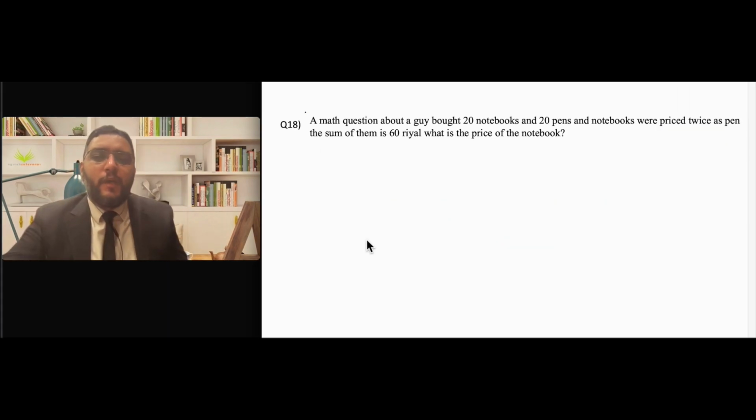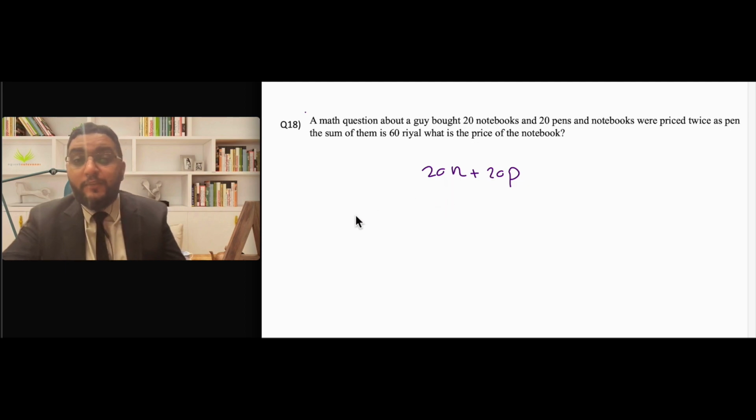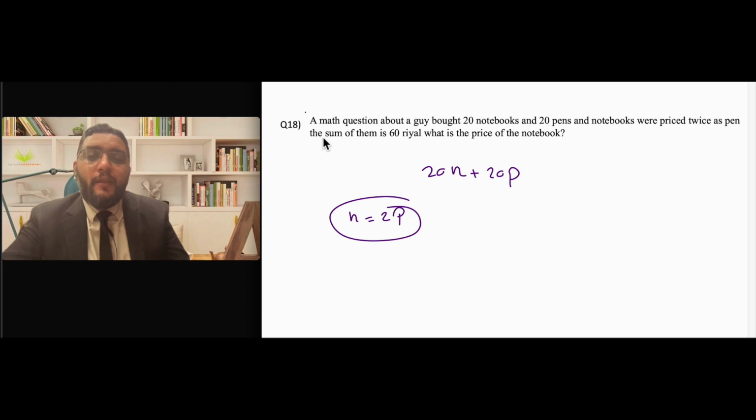Question 18, a math question about a guy who bought 20 notebooks and 20 pens. And notebooks were priced twice as much as pens. So the price of the notebook is twice the price of the pen. The sum of them is 60 riyals, so this sum is 60. Now we want one of them, n or p.